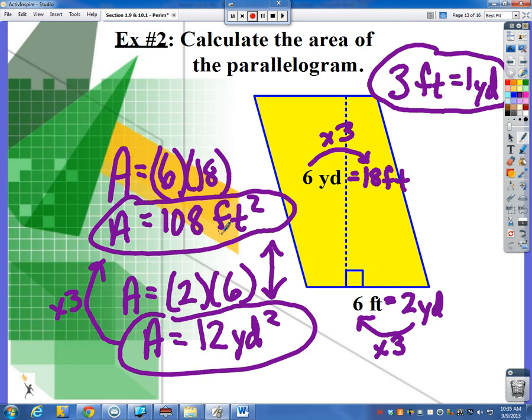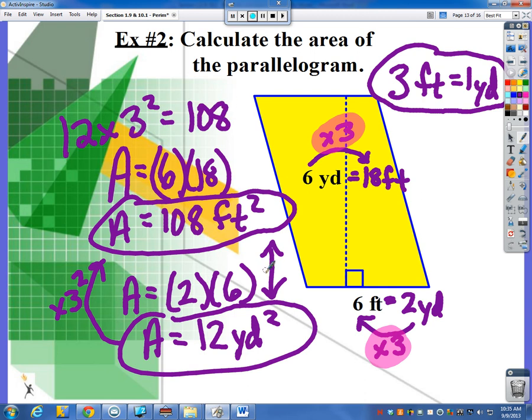to get the answer in feet squared? Well, the answer lies in that we can't just multiply this by 3 because we multiplied by 3 technically twice. So if we multiply by 3 squared, times 3 and another times 3 makes 3 squared. And what is 12 times 3 squared, aka 9? 108. Okay?